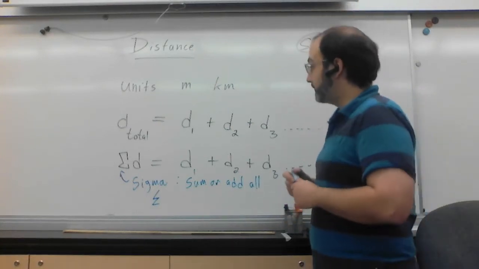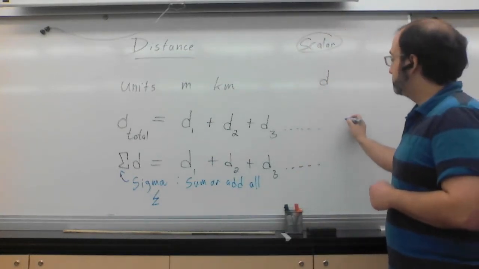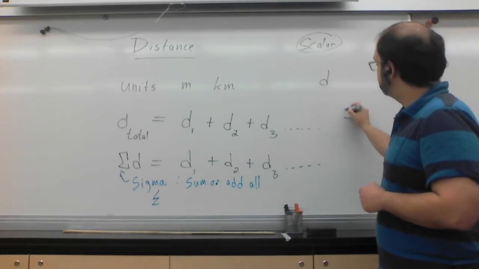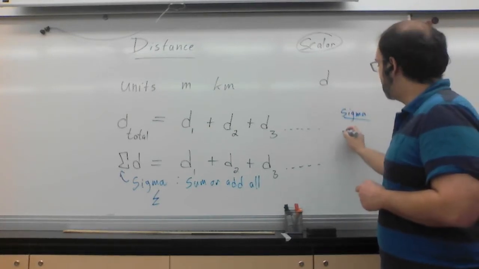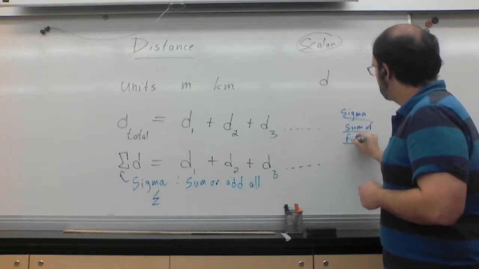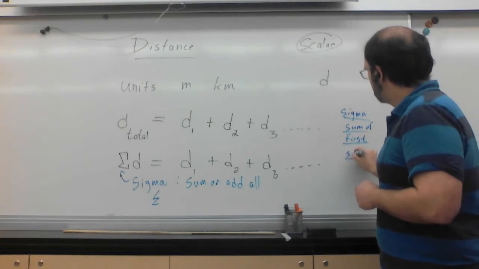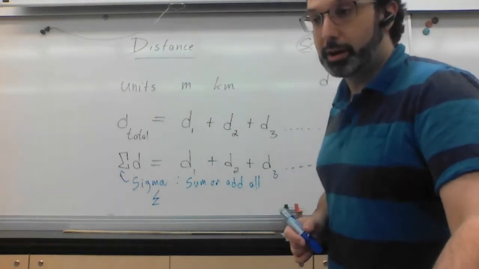So we'll just quickly fill in what those blanks were. I'll stick it over here out of the way. So we've got sigma. We've got sum of first, second. Those are the last few blanks that you guys can see at the bottom underneath the box.